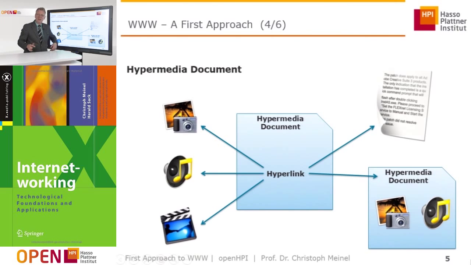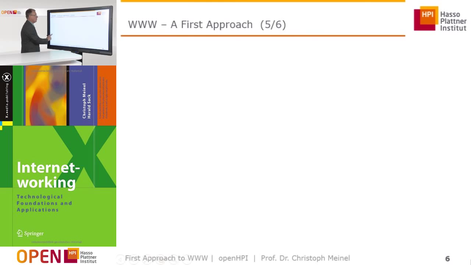There can be a lot of hyperlinks in a document, and the hyperlinks may point to documents, to videos, to images, and others. So a document together with such hyperlinks is a hypermedia document.